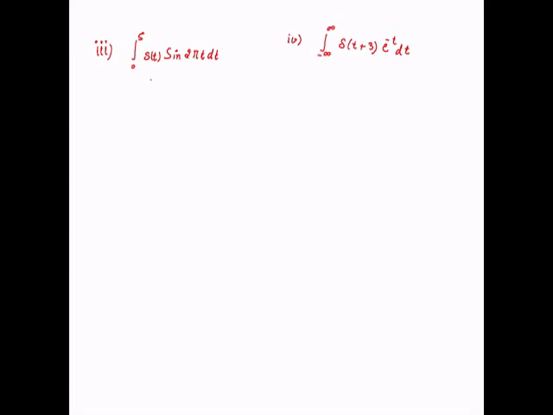Another one is that we are having this equation here. The difference is we are having the trigonometrical function sine here. So again we have to define the impulse signal delta t, which is equal to 1 when t is equal to 0, and it is 0 when t is not equal to 0.